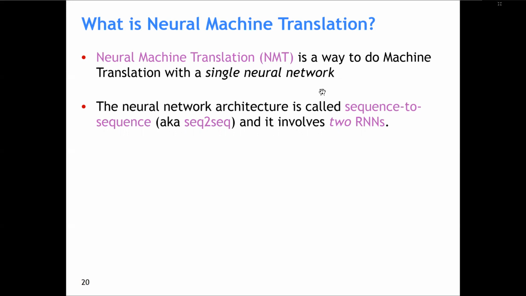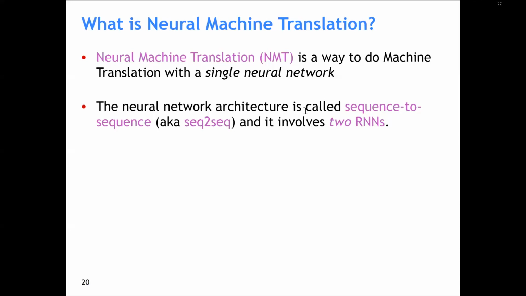As you can see in the statistical world, you need to build a very complex system, and that complex system has its own subsystems to do sub-tasks or sub-optimizations. The advantage of neural networks is you can build an end-to-end solution, so you don't need to maintain all those subsystems.